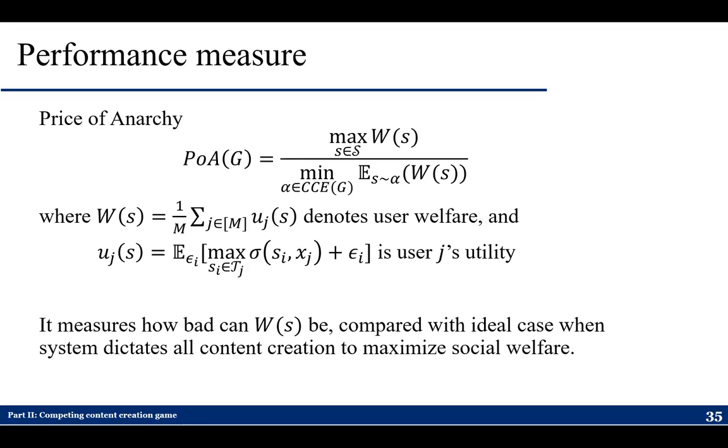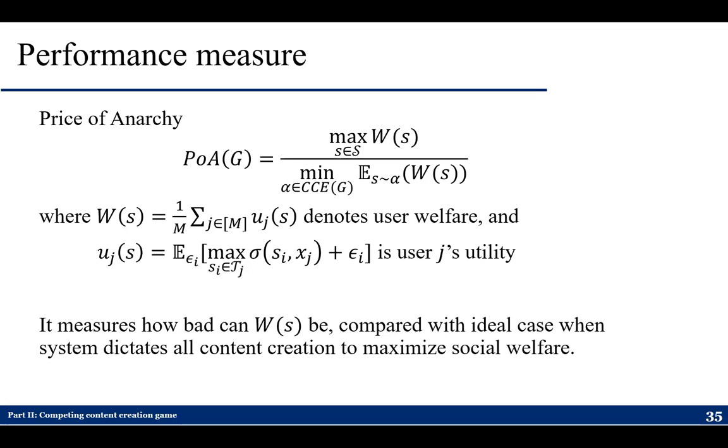On the numerator, what it says is, if the platform can dominate the content creation of every content creator, basically if YouTube can exactly control what each YouTuber produces, then it can choose the optimal set of contents to maximize the social welfare. That's what the numerator is.